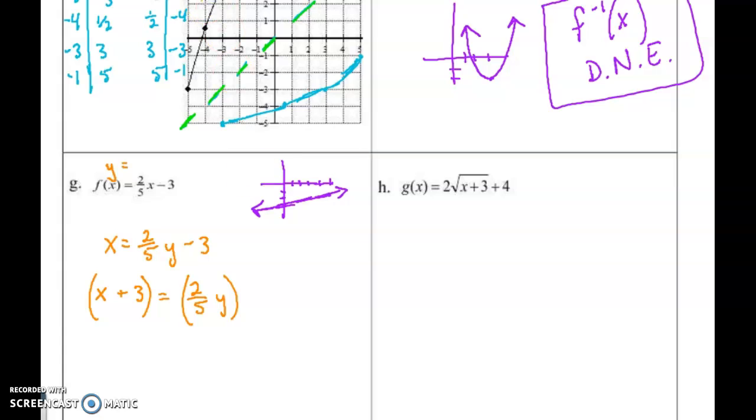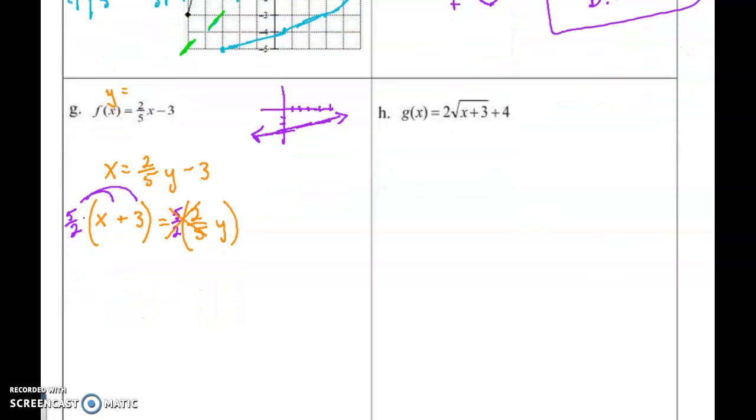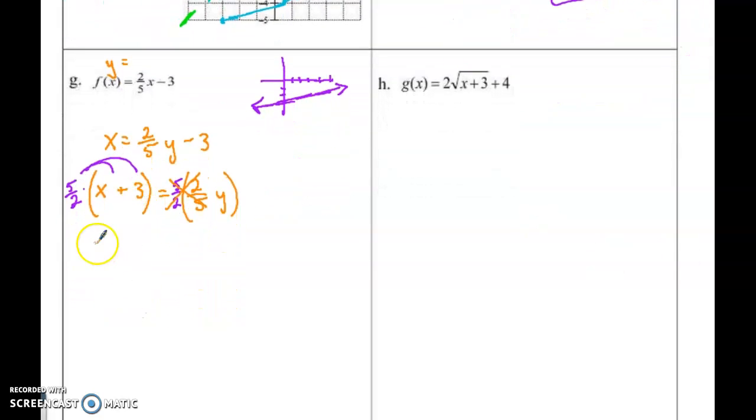So multiply both sides, I'll switch back to purple, by 5/2. And let me go ahead and distribute that 5/2 in there. So all of that cancels. Let me scroll down a little bit more. So it would be 5/2 x plus 15/2.